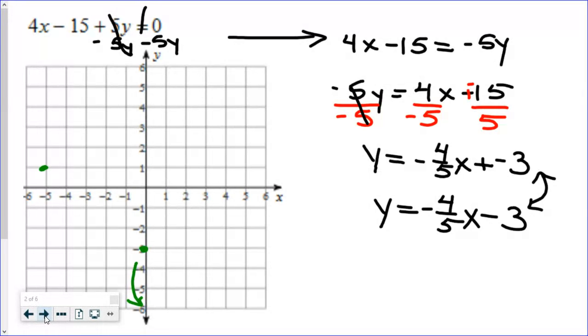And again, is my slope negative? It should be. So I connect the dots, and I'm just going to check my equation. According to my blue line, my y-intercept is negative and my slope is negative. Are those numbers in the equation part also that? Yes.